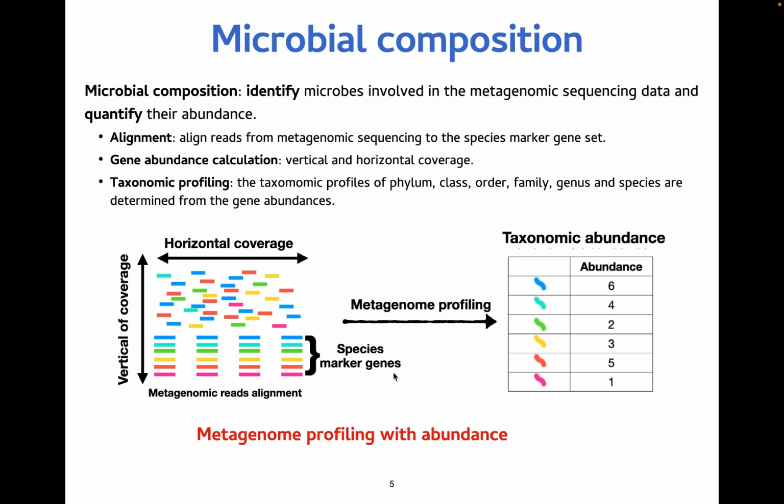Then the taxonomic profiles are determined based on the gene abundance. Finally, we can get this taxonomic abundance table, which shows the microbial composition of metagenomic samples. We call this process the metagenome profiling with species abundance.